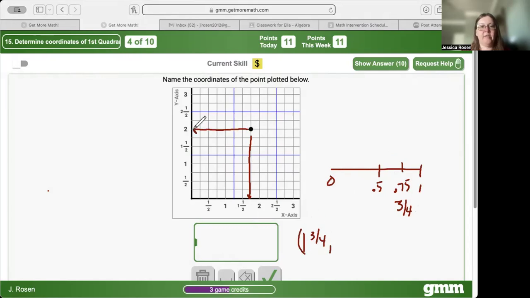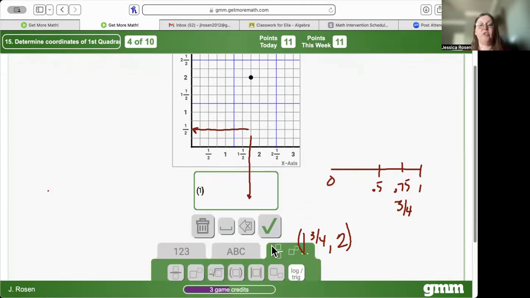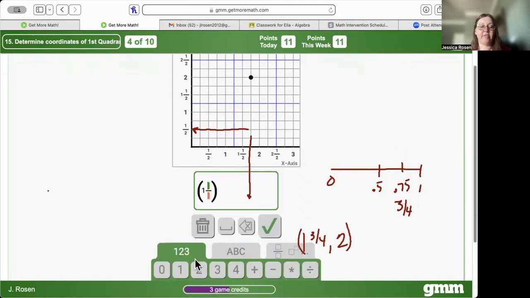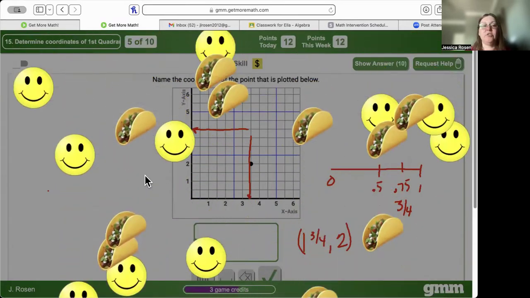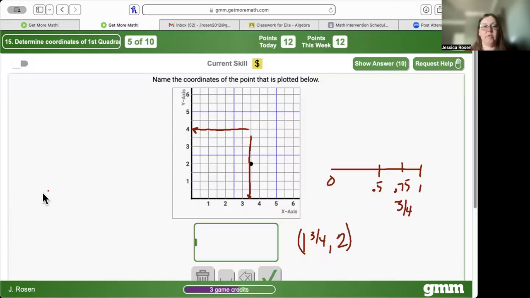And then y, they made it easy at 2. So I hope this helps. It may take a little bit more practice than the other things. I do highly suggest that you write down this number line and use it. Like a lot of life is knowing where to find resources and how to effectively use them. This is one of those things until you're really fluent with the skill.